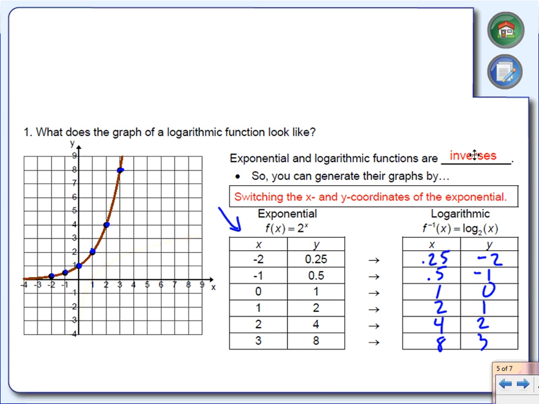So take the new order pairs, plot each one of those points on your graph, and let's see what the graph looks like. When you get all the dots, go ahead and connect those dots.